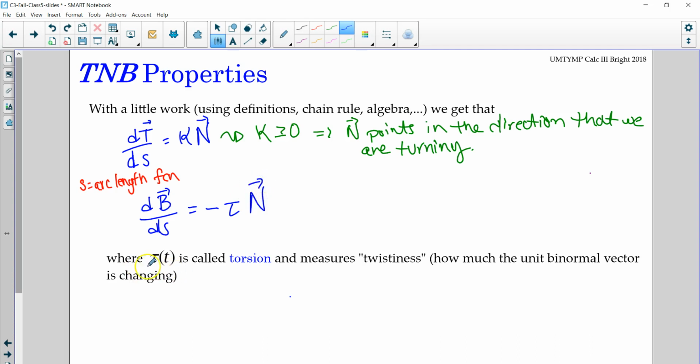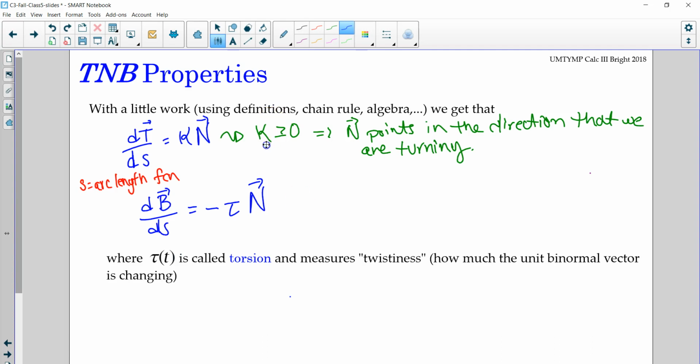And as you can see below, tau of t is dependent on our parameter t, just as the other vectors are. We call that torsion, and it measures kind of the twistiness of the path in that third dimension. So when it's going in or out of a sheet, for instance, if we're thinking of it as the z-axis.